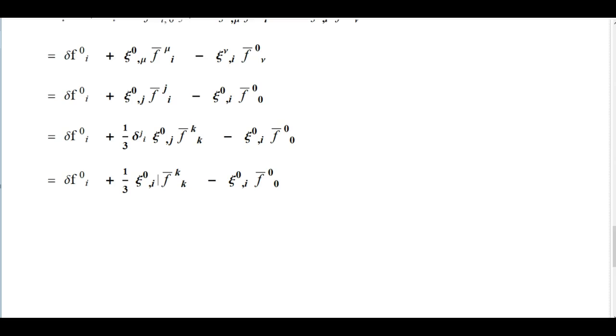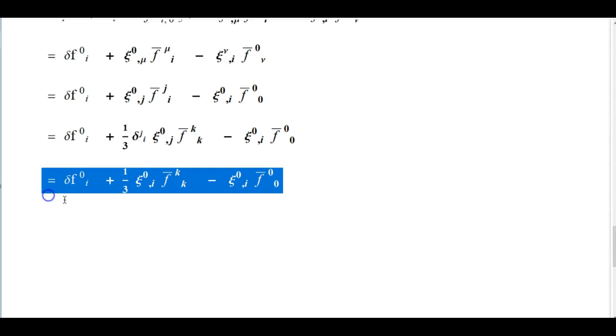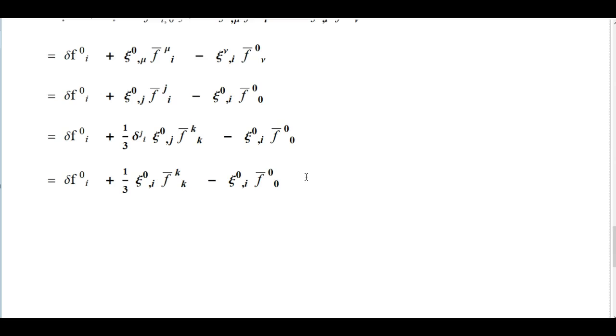Okay, so we can factor out xi 0 I if you like, only if you like, otherwise there is no need. We can leave the solution here up to this step, but if you like, you can write it like this.